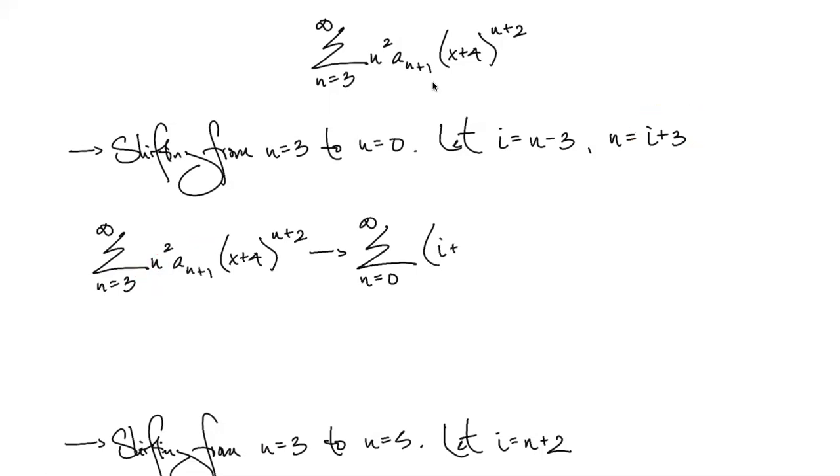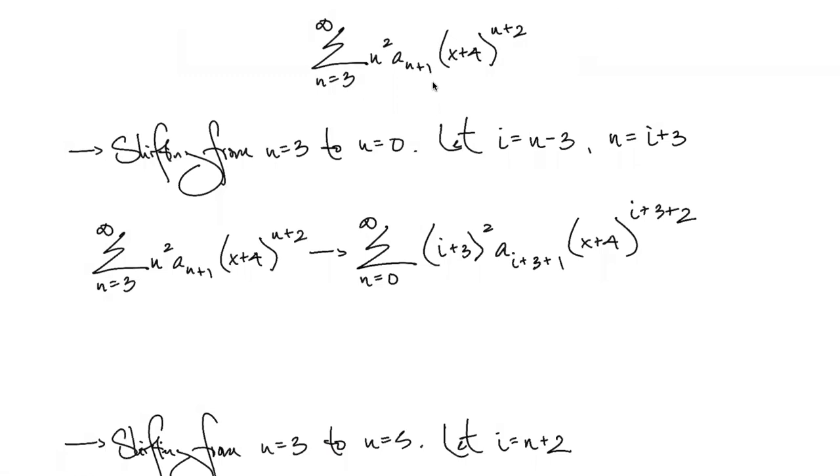So I have i plus 3 squared. a sub, oh, I got an n again. i plus 3 plus 1. x plus 4. Ooh, another n. i plus 3 plus 2. All right, so all I did was substitute everything in.